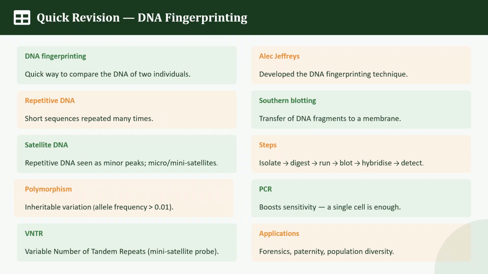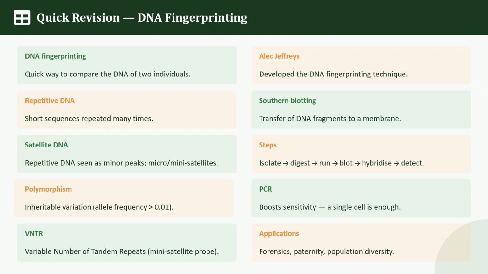Let's have a quick revision. DNA fingerprinting is a quick method to compare DNA. Repetitive DNA are short DNA sequences repeated many times, and satellite DNA is repetitive DNA appearing as minor peaks. Polymorphism is inheritable variation at the genetic level, and VNTR is a variable number of tandem repeats and is a mini satellite probe. And who is Alec Jeffreys?